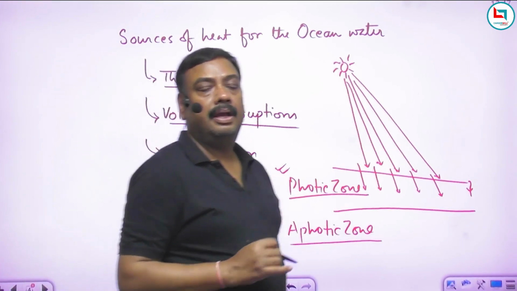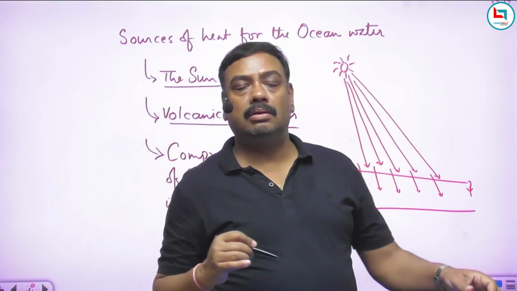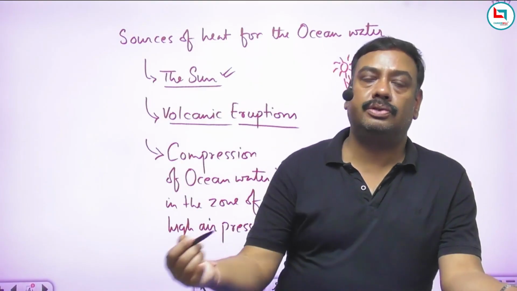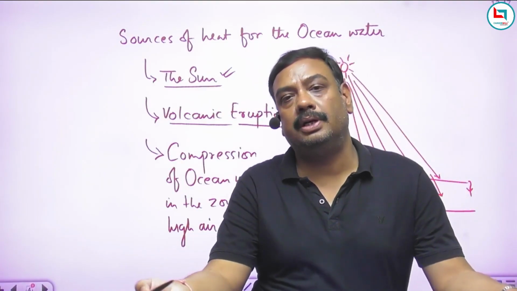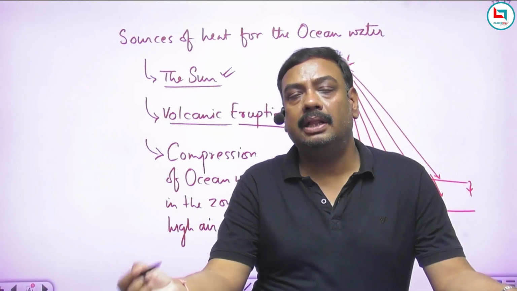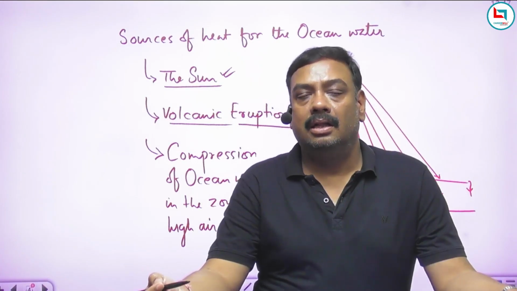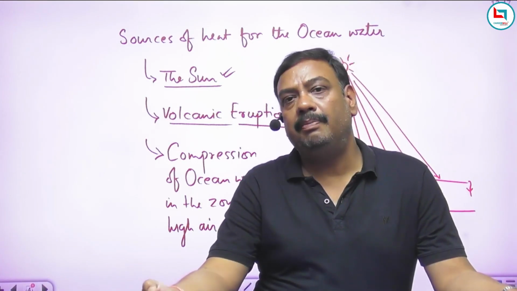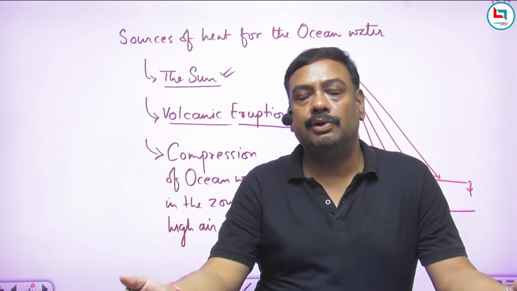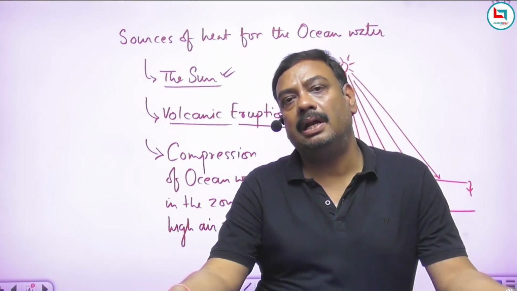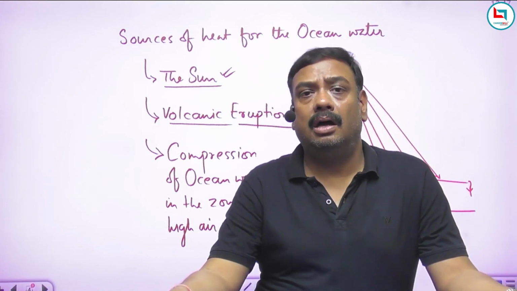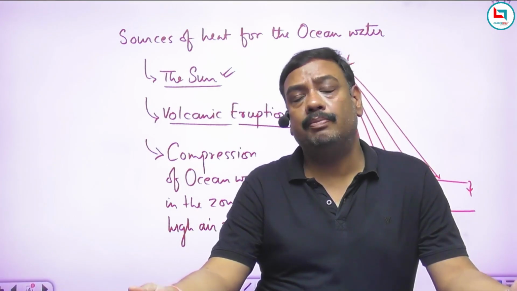See, when we talk about different pressure zones in the ocean water, we will discuss the equatorial low pressure zone, then the subtropical high pressure zone, then the subpolar low pressure zone, and then the polar high pressure zone.